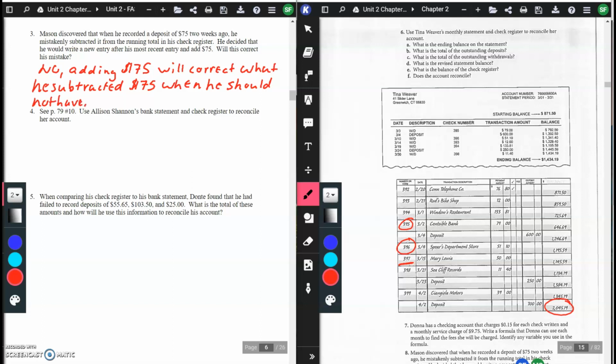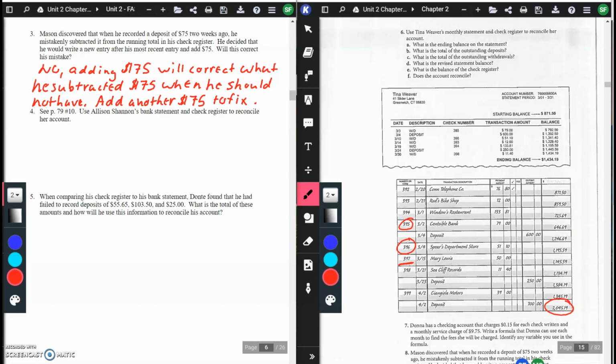Okay. He will also need to add another $75 to properly reflect the original deposit. So he needs to add another $75 to fix the problem. Okay.